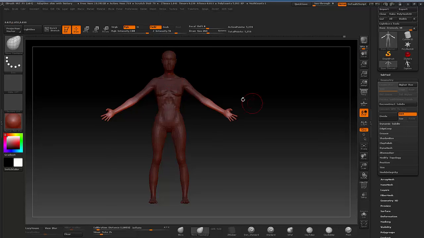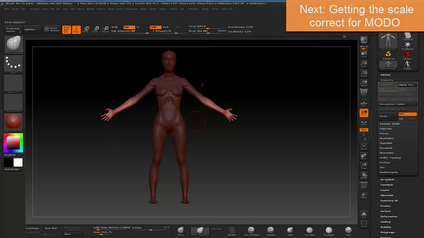And this would work perfectly within Modo because the ACS kit that I'm using works in real world. So you can literally type in 5'7", 5'8", and the bind rig will automatically be scaled correctly for this. And that is when I would bring the model back into ZBrush at the correct scale. Very, very important, that part of the stage, which I'm going to go into the next video.